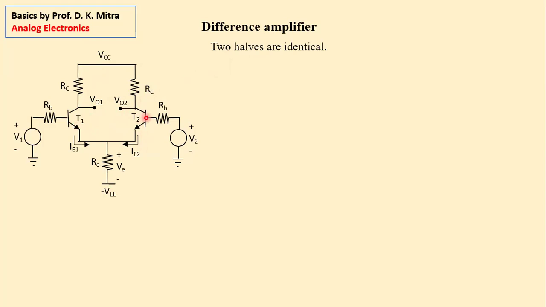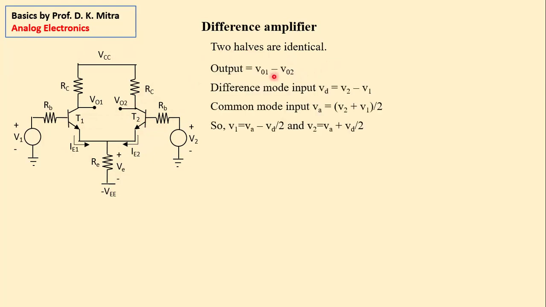There is always a difference. In fact, this difference amplifier is actually a basic part of our integrated circuit where it is possible to create the 2 transistors identical. Anyway, 2 halves are identical. Next is output is VO1 minus VO2. So this is the output.